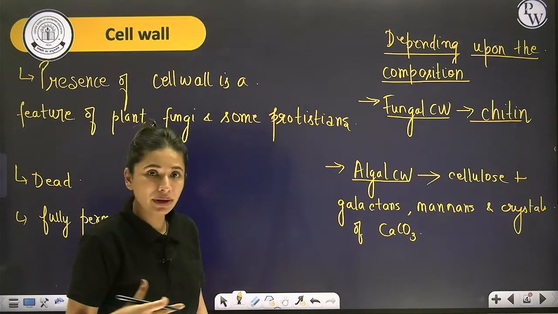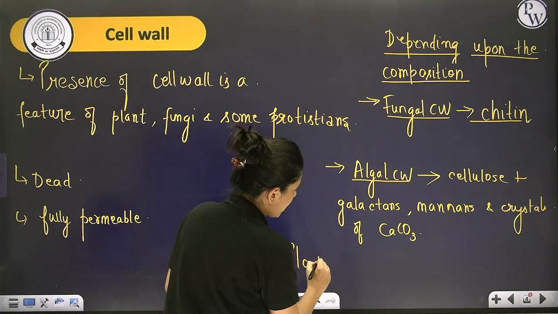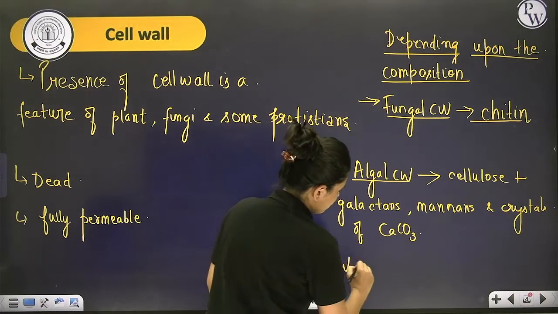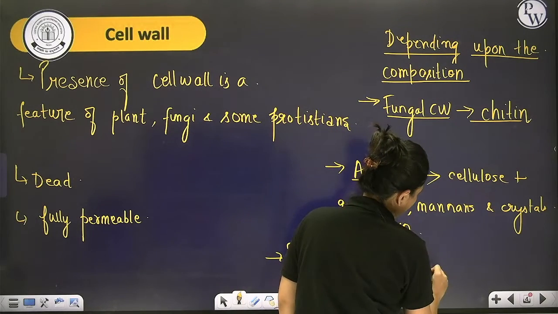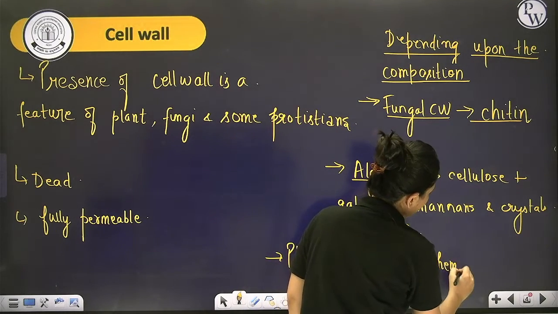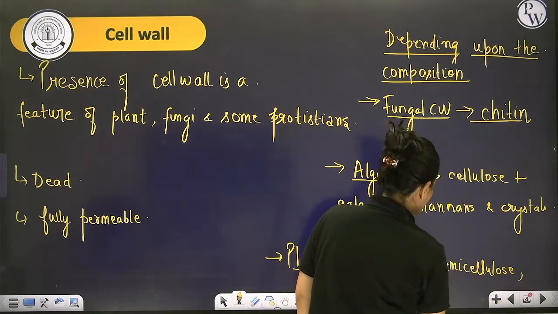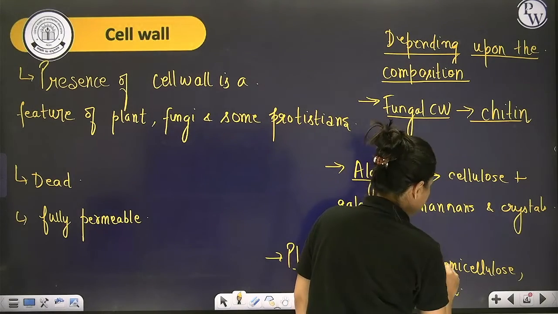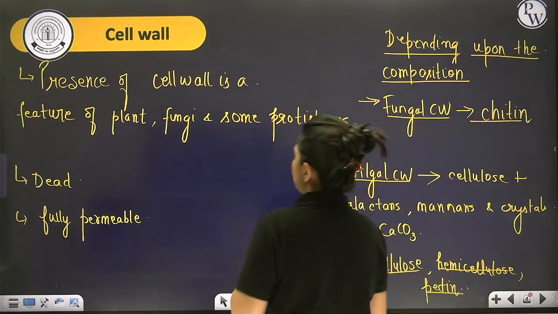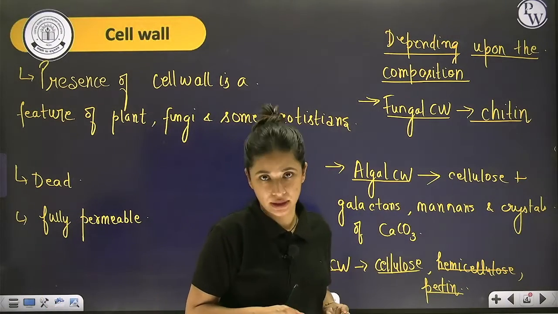Now, moving to the third, that is the most important, the plant cell wall. So, what is the plant cell wall made up of? Yes, very good. Cellulose, hemicellulose and pectin. Correct? Yes or no? So these are the different types of cell wall depending upon the composition.